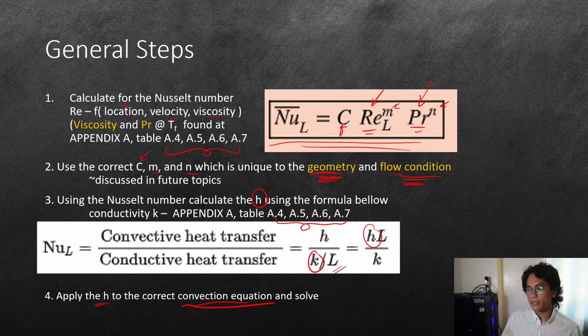But aside from that, if we manage to master the procedure in getting our Nusselt number and getting our convection coefficient, this topic of convection would be relatively easier if we know how to conduct these first steps.